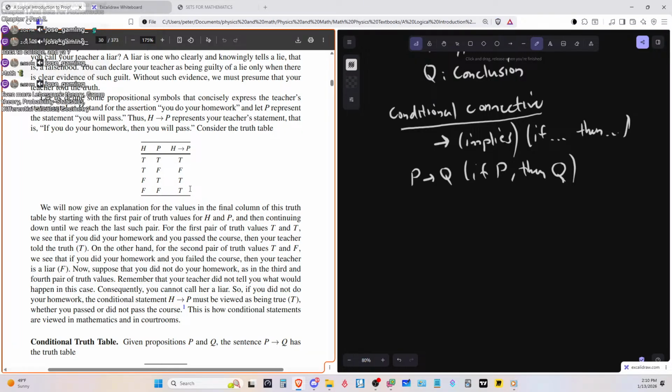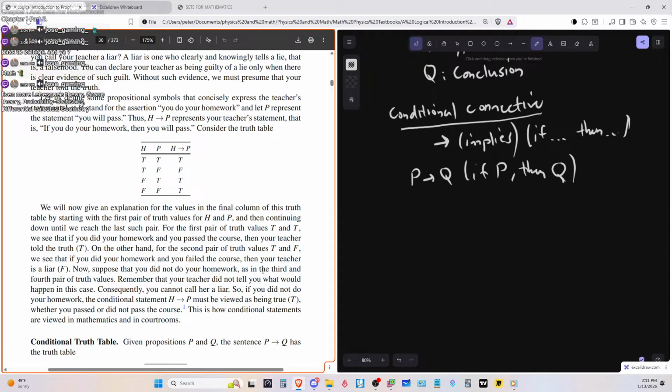That is really interesting. If both are true, then it's true. If this is true but this is false, then it's false. Because P is the conclusion here, if it starts off false, then it is true. Okay, I might have to get used to this logic.